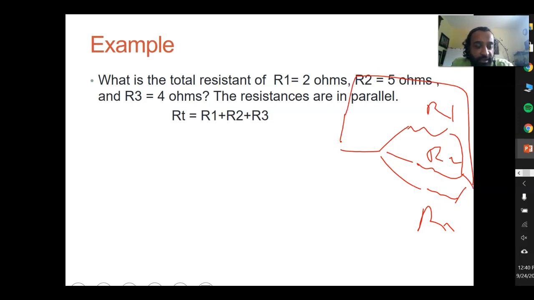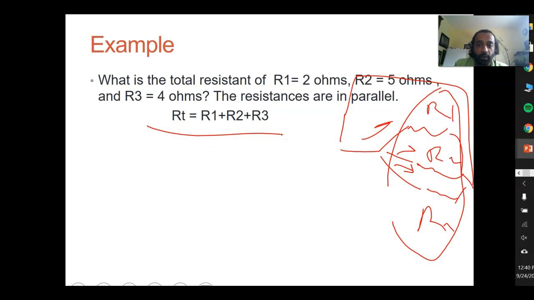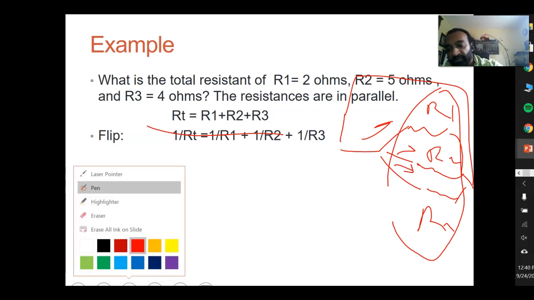So these three are in parallel because we see that there's a divide in here. And how do I get the value for this entire parallel circuit? So I'll start with R total equals R1 plus R2 plus R3. Okay, first thing I do is I flip. So I divide 1 over RT, which I don't have, 1 over R1, 1 over R2, 1 over R3, and so on.